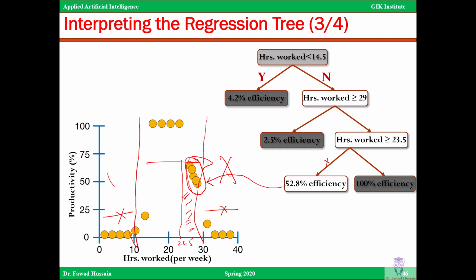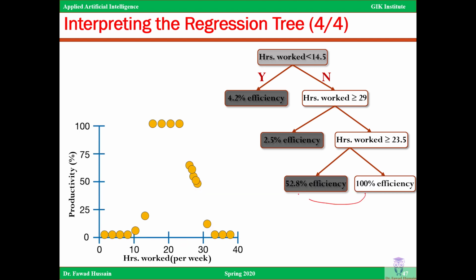So this is the data that is representing this part. So this corresponds to this portion, and then finally this corresponds to the remaining one, which is this. So you can see where we got the 100% value from. This is the 100% productivity or efficiency. So this is how you interpret the regression tree once you have a regression tree.